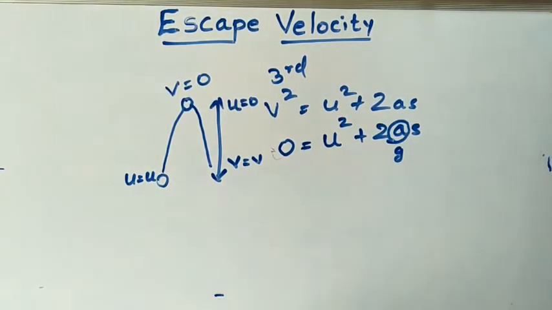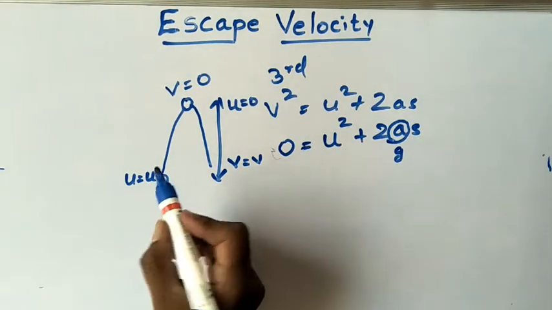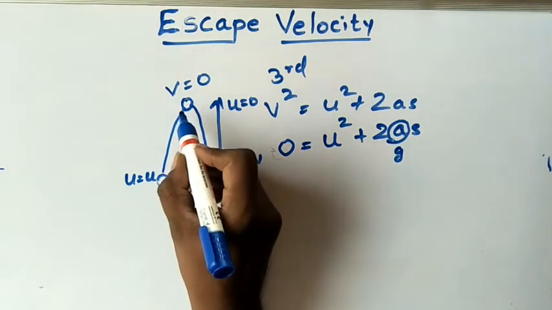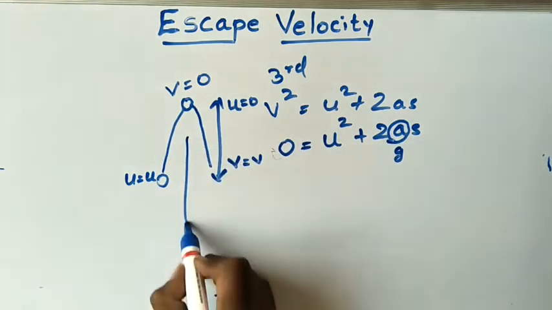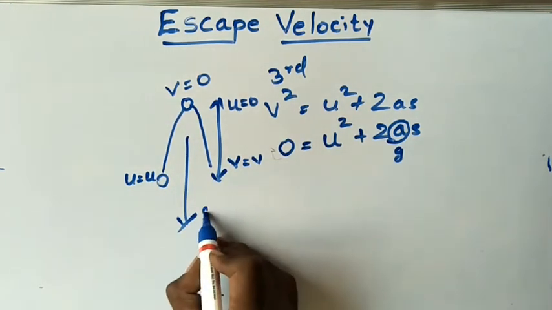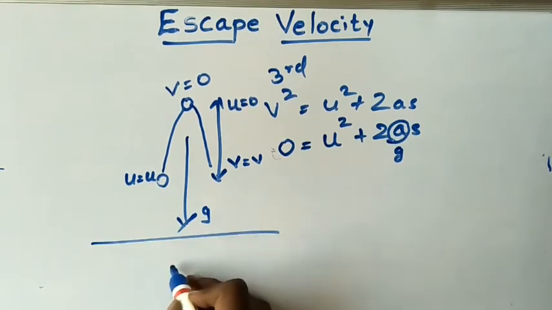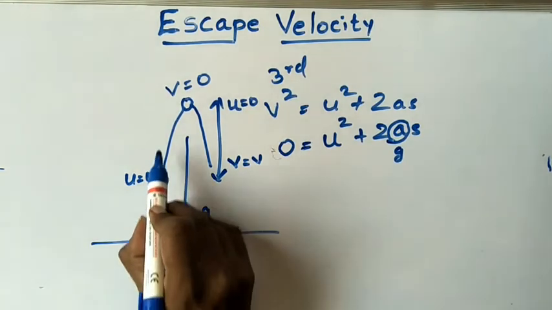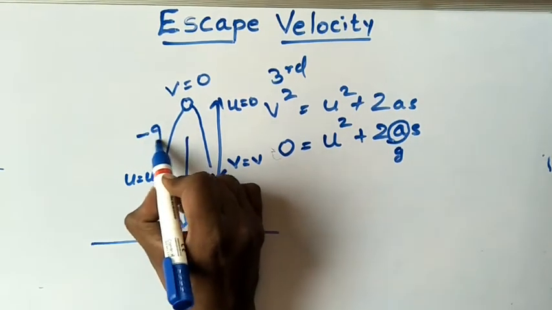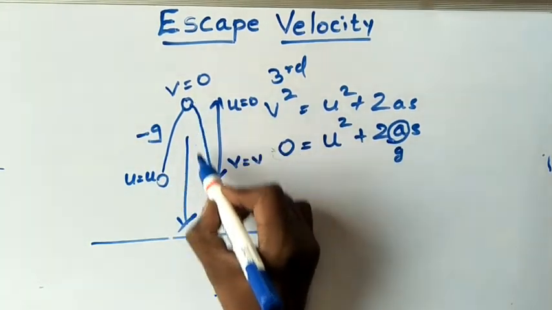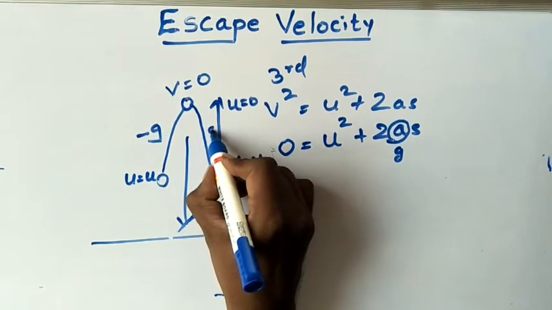Now always remember, whenever you throw something up, that is against the gravity, because gravity is here down, g is down, the earth is pulling down, but we are throwing a ball up which is opposite to the gravity. At that time g is negative, but when the ball comes down, g is positive.